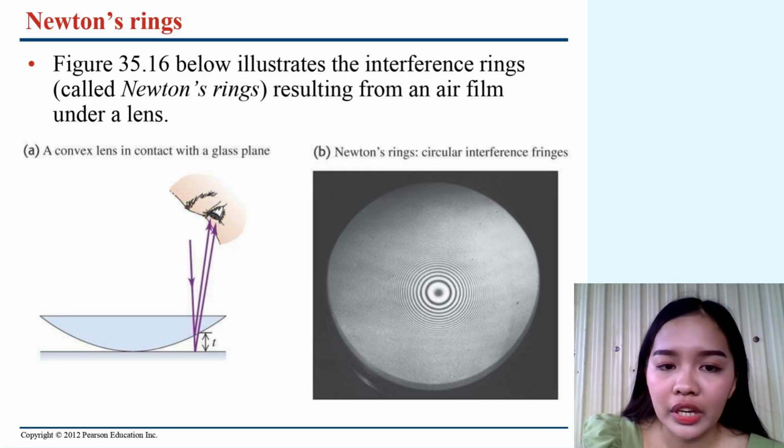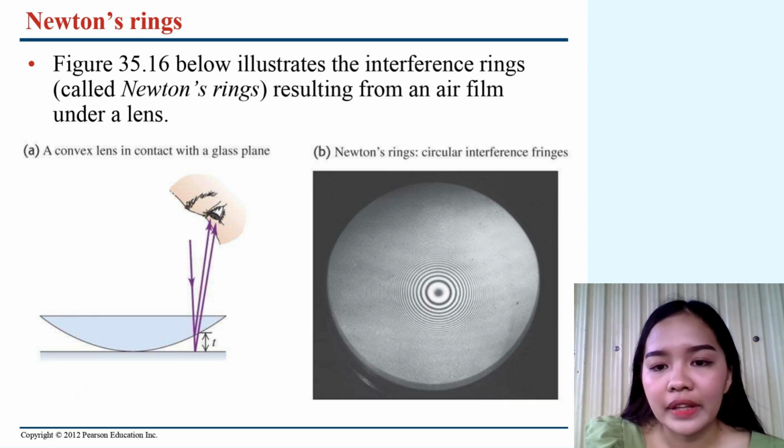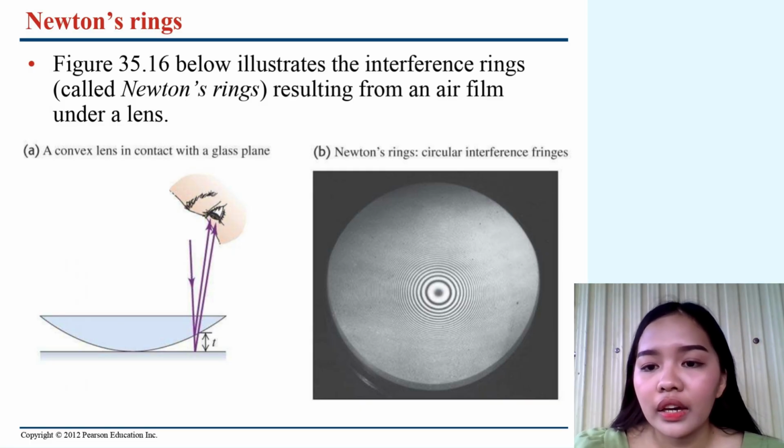A famous variation is Newton's rings. Place a flat glass plate and a convex lens together, so they touch at the center and the gap between them increases outward like a circle. The air gap thickness is the same all around at any given radius.